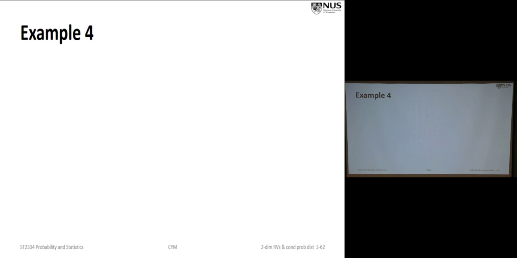Only up to and including 3.2, the joint distributions. So the marginal distributions and the conditional distributions, which we're going to continue discussing, are all not covered in the test. All right. But chapters 1, 2, and part of chapter 3. MCQ, short questions.